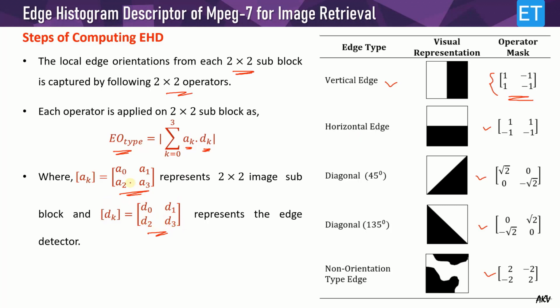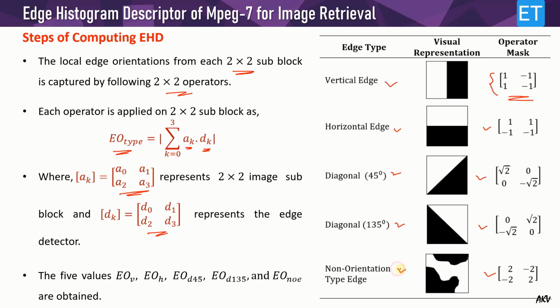Both are multiplied element to element, and then we sum all the values to get the edge type. We apply all 5 operators on one 2 by 2 pixel group, and we have 5 corresponding values: EOV, EOH, EOD45, EOD135, and EONOE.